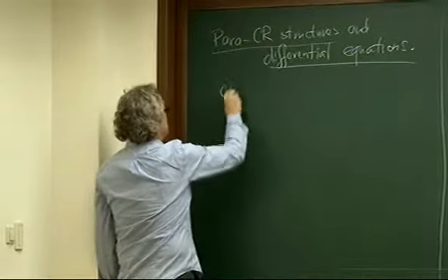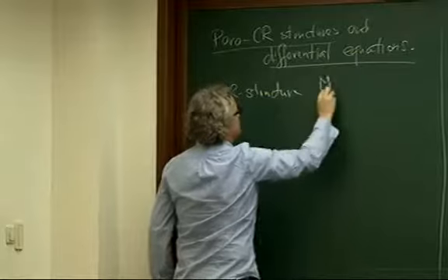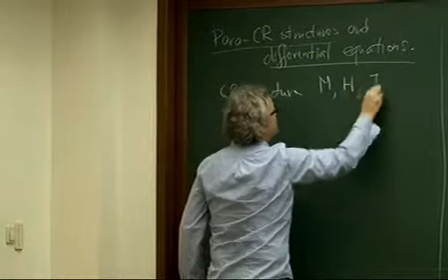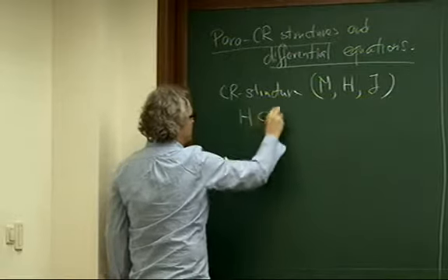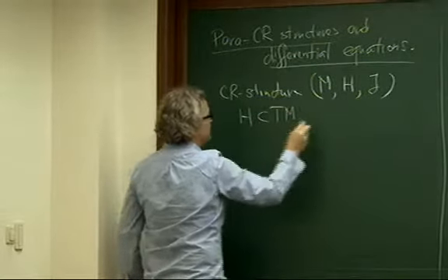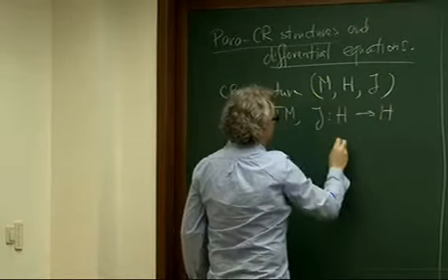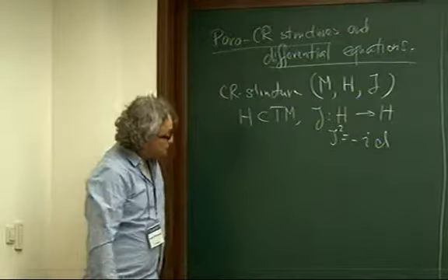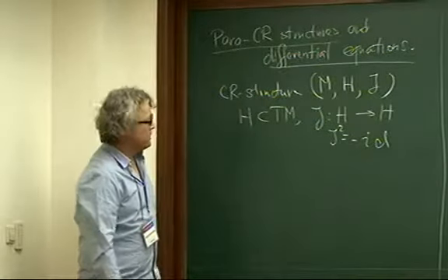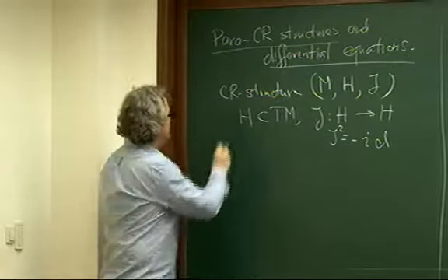So a CR structure is a triple M, H, J, where H is a subbundle of the tangent bundle, and J is a linear operator from H to H, such that J squared is minus identity, and some compatibility, integrability conditions are needed to define CR structure.